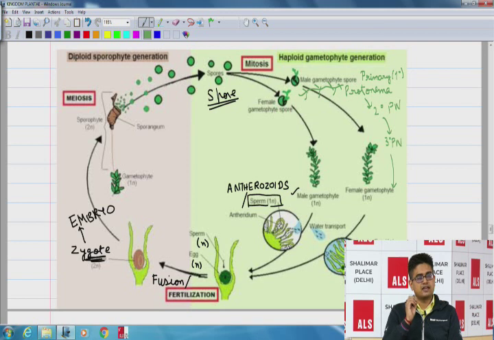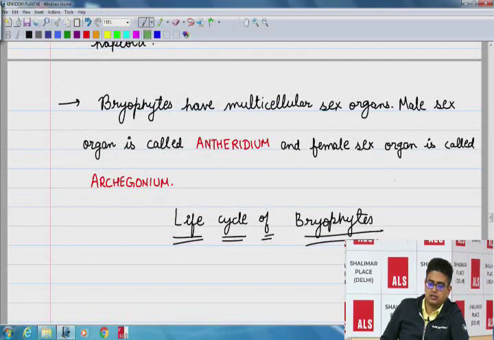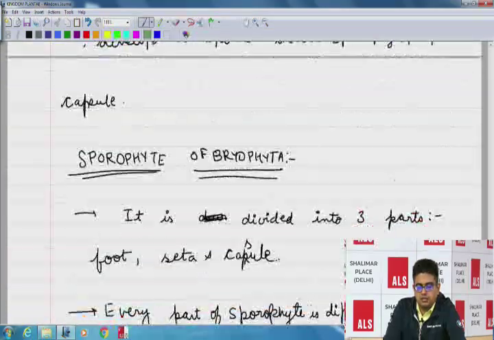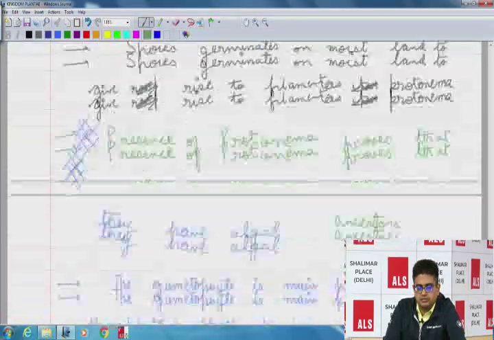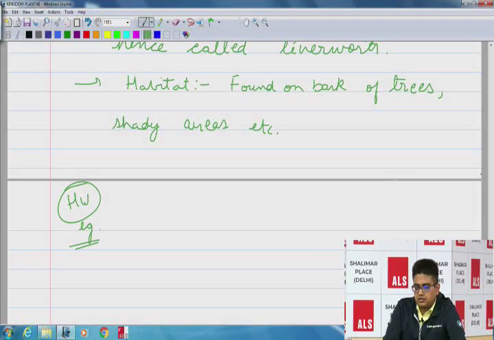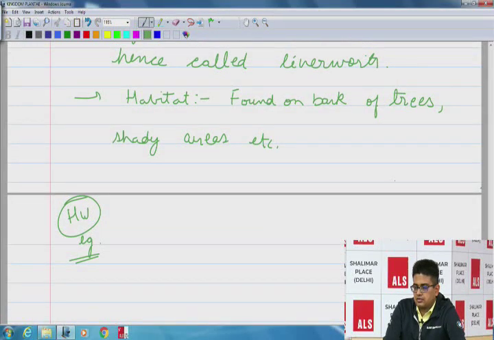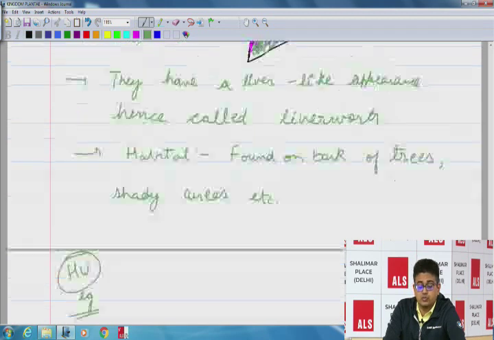Is this life cycle of bryophyta clear to you? Yes or no? Please tell me quickly. Look, we have done this in the last class. Please give your responses quickly.